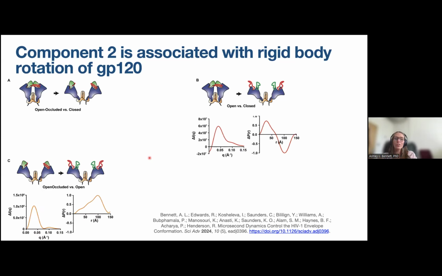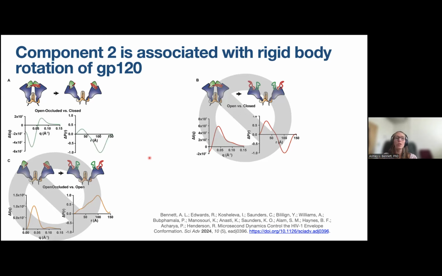And the difference curves, which are shown below the cartoons on the left-hand side, and the pair distance distributions, which are on the right-hand side, don't match what we see in our experimental data, so these are not transitions that are contributing to our SAXS components.